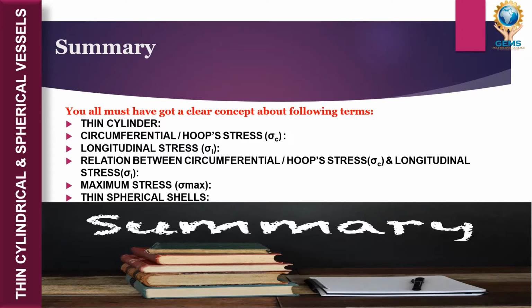Always remember PD by 4T. And if you see the relation between circumferential stress and longitudinal stress, what did we get? Sigma c, the circumferential stress, is twice the longitudinal stress. So the circumferential stress value will be the maximum.